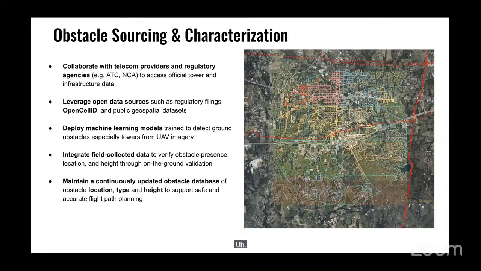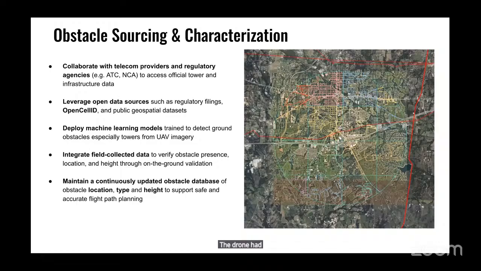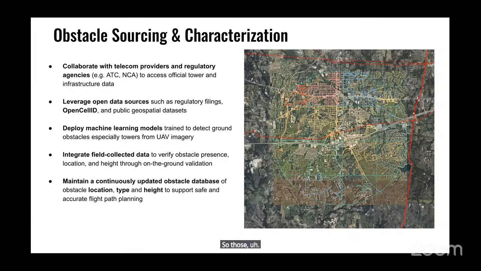We brief them on what the incident is about, and then we are able to collaborate with them because they are much closer to the situation. So they are able to help resolve things. If the drone had parachute landed, they are sometimes able to recover it, and we give them some form of training on what to do when they get to the scene. Those community champions would be working with the incident response team while they are en route to the location of the incident. Thank you.